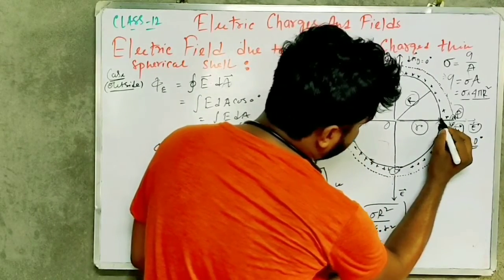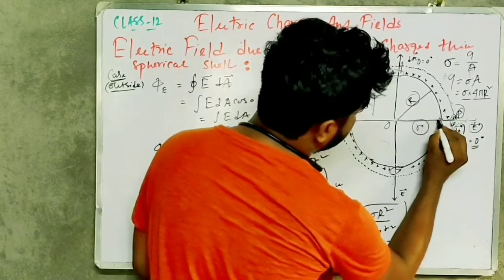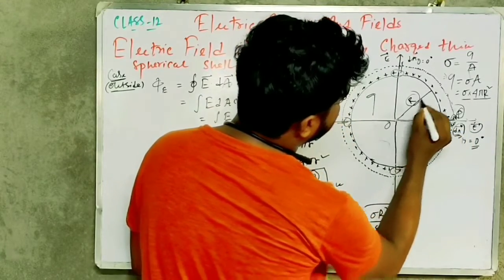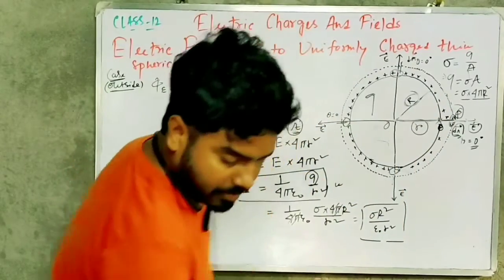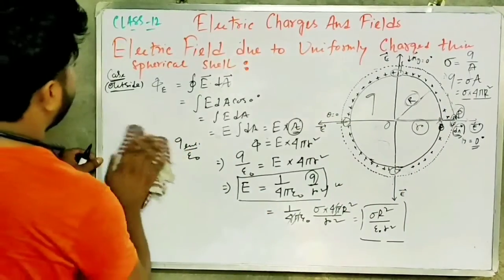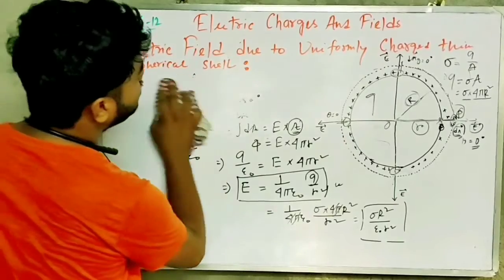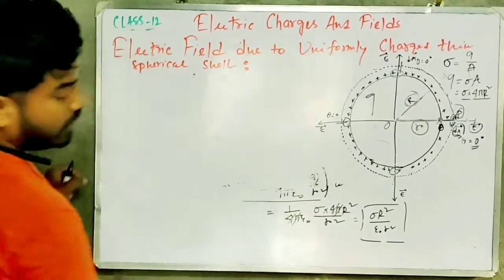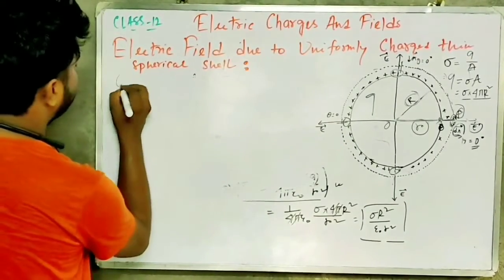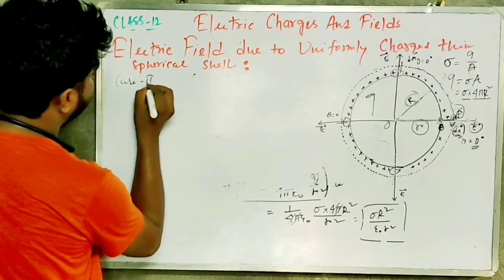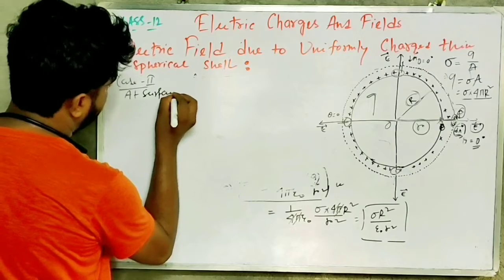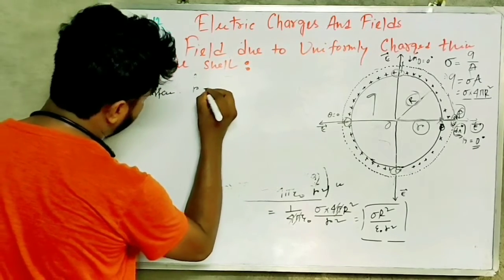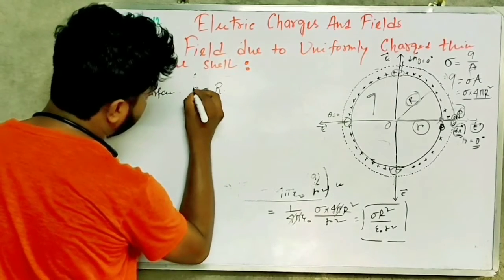Then at that point small r is exactly equal to the radius of this sphere, that is case number 2. At case 2, that is at the surface, small r exactly equal to capital R.